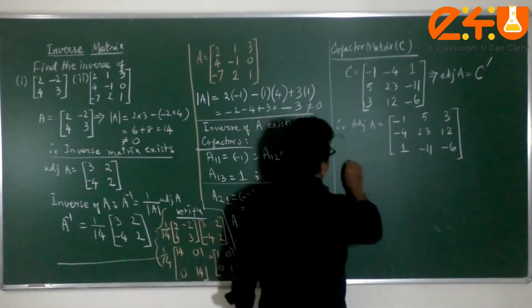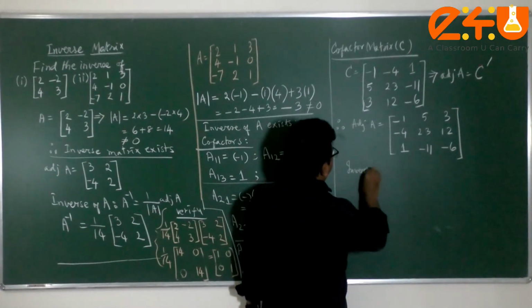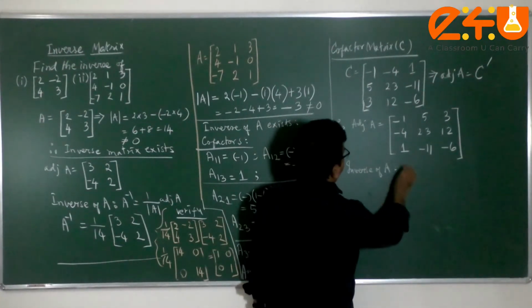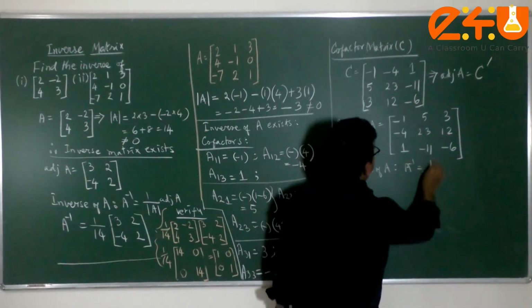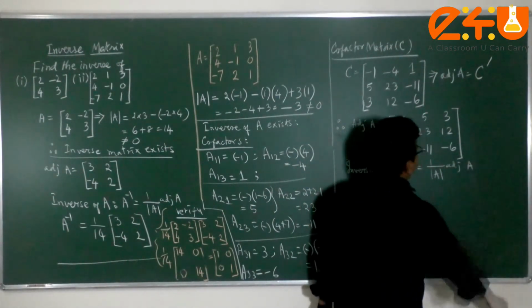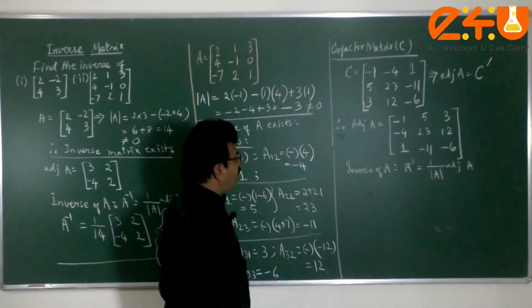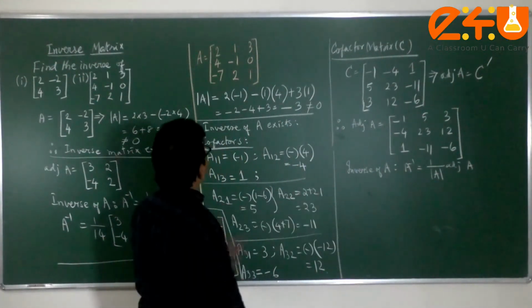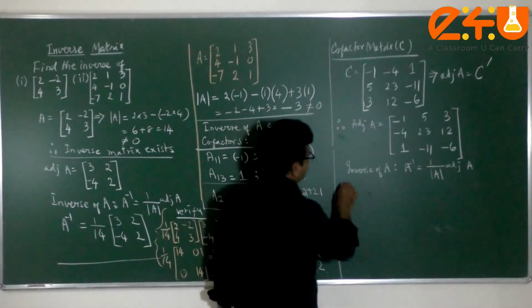Now we are ready to write the inverse of A. A inverse, write the expression 1 by determinant of A times adjoint A. We discovered determinant A, which is negative 3.